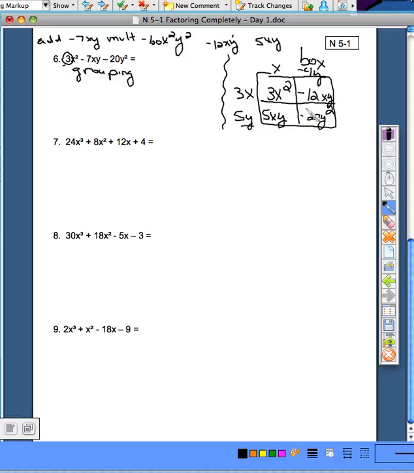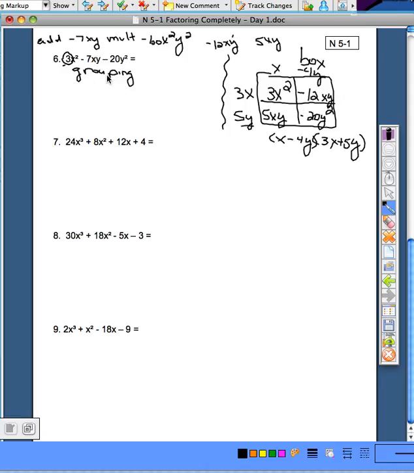And then multiplying these two, we have our last check. That does give me negative 20y squared. So the factors here are x minus 4y times 3x plus 5y. And that gives me the area of the box when I multiply them together.